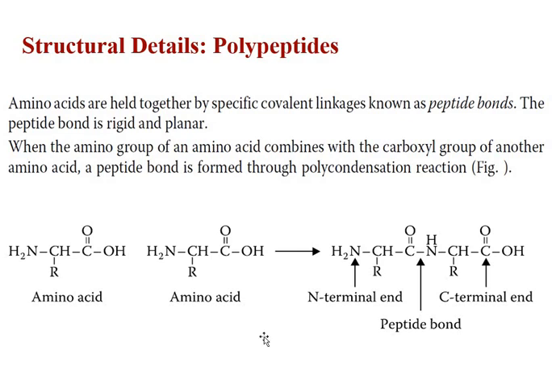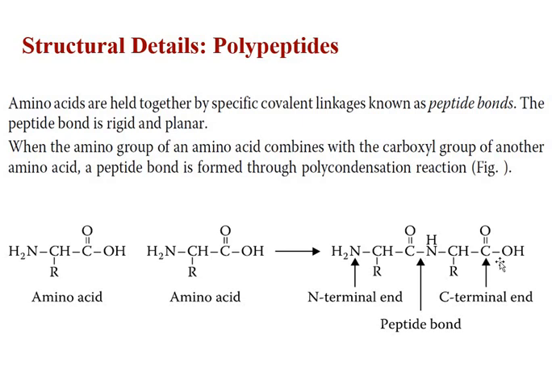Peptide bonds form when you have two amino acids side by side, and as you remember, they always have one COOH group and one NH2 group. When these two groups combine, a peptide bond forms. Let us focus on this part. This OH got coupled with one H from here and a water molecule was expelled, and you have a CO bond, NH, and then the second amino acid.